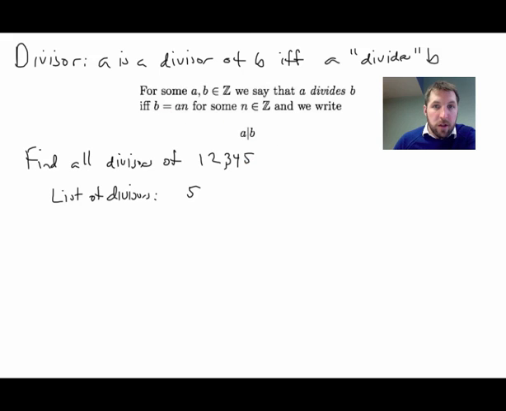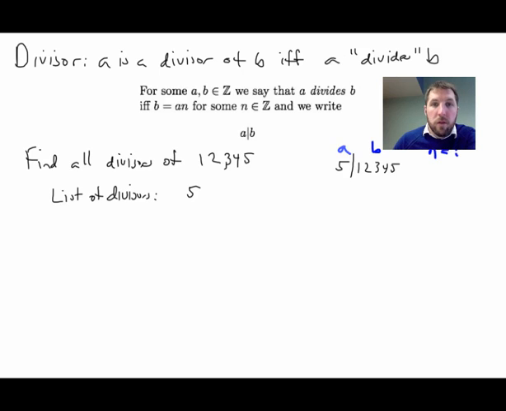But let's go back to the definition here. The definition says that for something to divide, we have to be able to write it in this form. So we're saying here that 5 divides 12,345. This is our A, and this is our B. We need to find n, right?